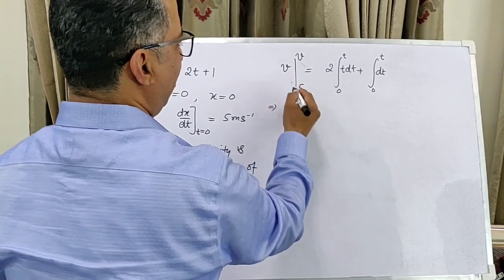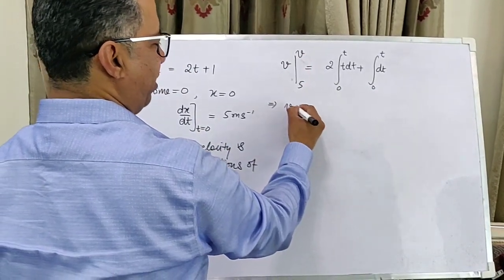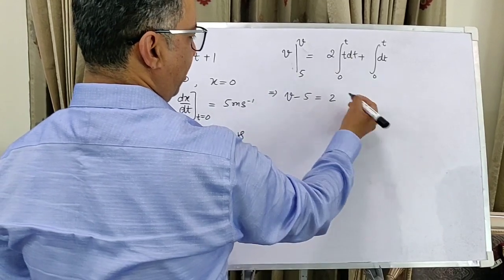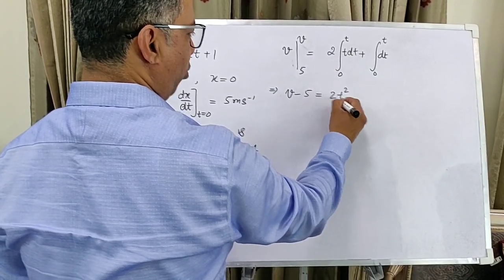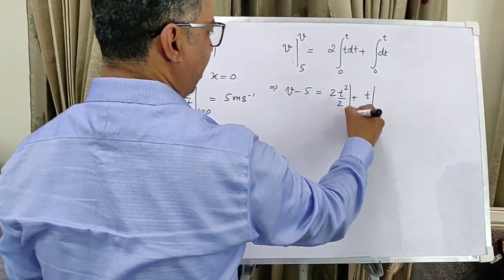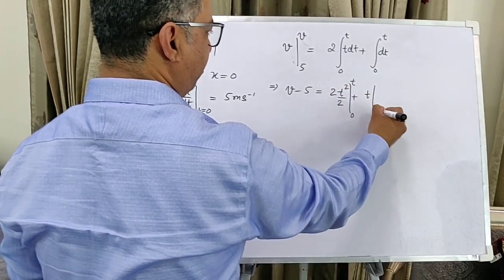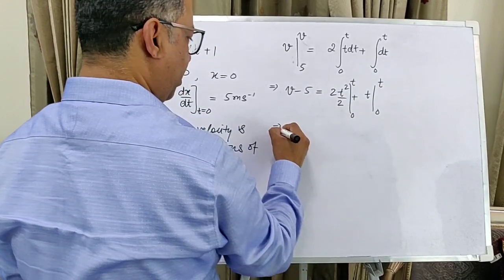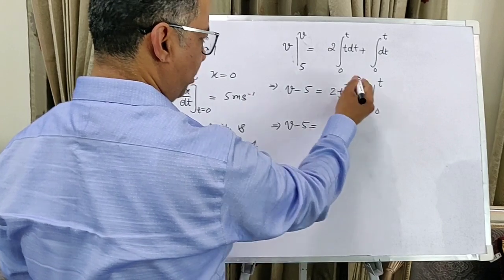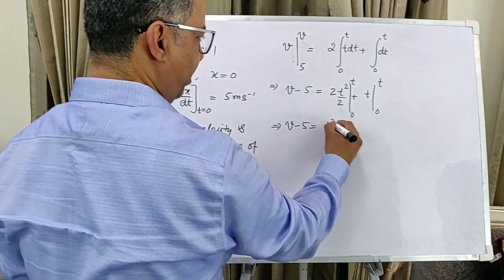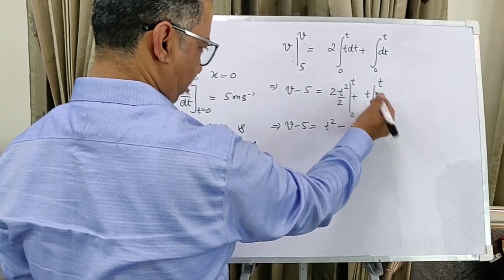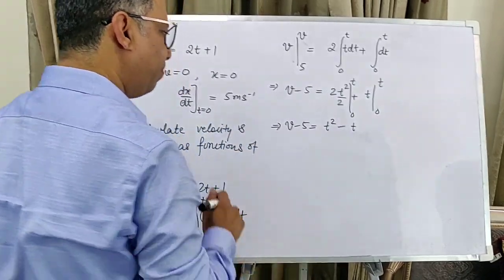So on this side of the equation we have v minus 5, on the right hand side 2 t dt integrated gives 2t square by 2, dt integrated gives t, and we have limits 0 to t. So v minus 5 equals, 2 cancels, and you substitute t and 0, you have t square. Again substitute t and 0, you have t minus, substituting 0, you get 0.